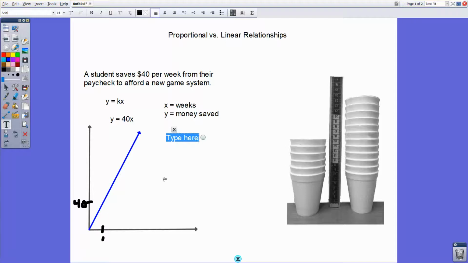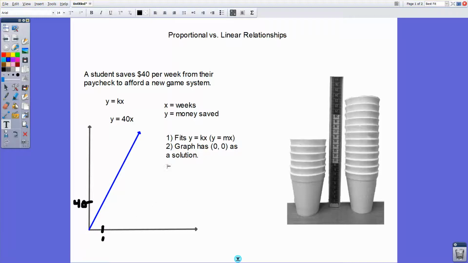But we're going to stick to real life situations. So if it's a proportional relationship, it fits y equals kx, and I'm also going to use y equals mx because we can think of the k as a slope as well. And number two, the graph has (0, 0) as a solution. In other words, the line travels through the origin. So that's what a proportional relationship is.